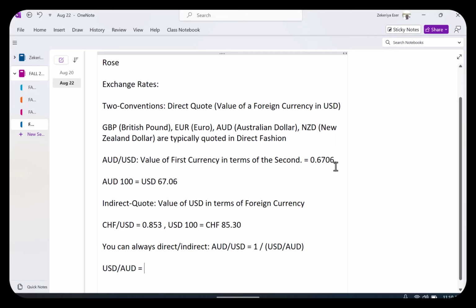AUD/USD is 0.6706. That's the value of 1 Australian dollar in US dollars. If you want to know the value of 1 US dollar in Australian, you just flip it. 149.12. So 100 US dollars is going to buy you 149 Australian dollars and 12 cents.